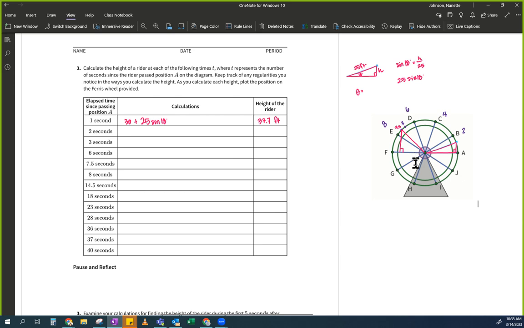It's 9. Where does she get 9? Oh, because 18 divided by 2 is 9. So what's this whole angle then? What would your theta or alpha, what would that reference angle be then?